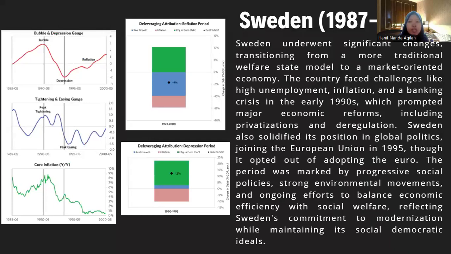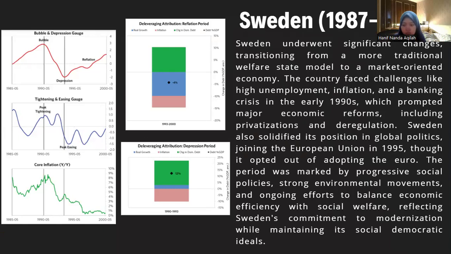Then the next is Sweden, 1987 to the 2000s. Sweden underwent significant changes, transitioning from a more traditional welfare state model to a market-oriented economy. The country faced challenges like high unemployment, inflation, and a banking crisis in the early 1990s, which prompted major economic reforms.